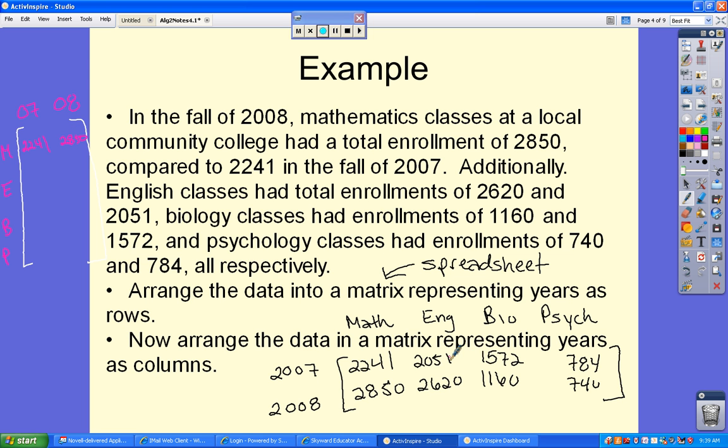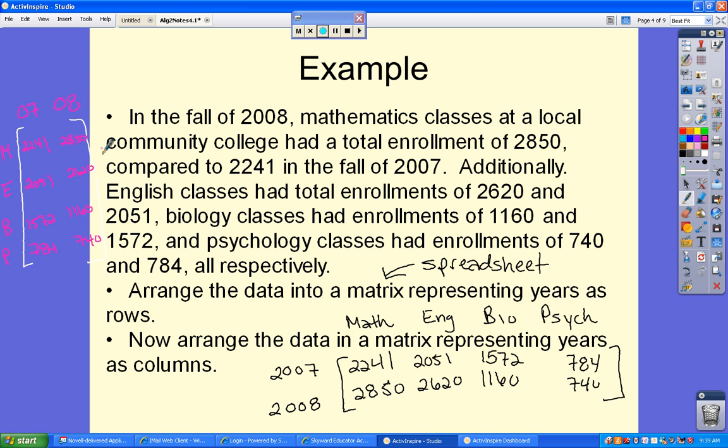English, 07, 2051. English, 08, 2620. 07, biology, 1572. 1160. 784. And 740.